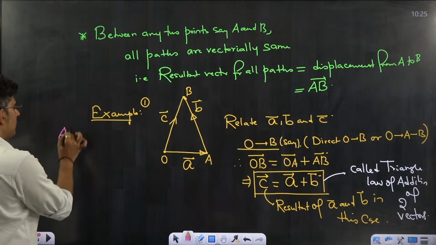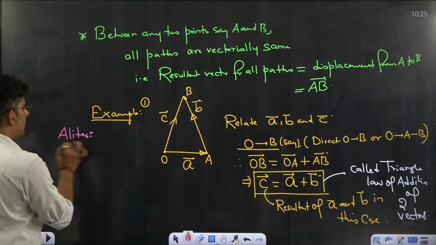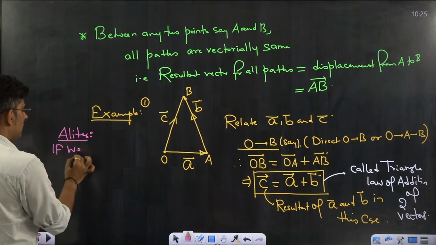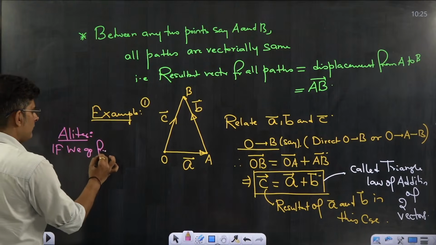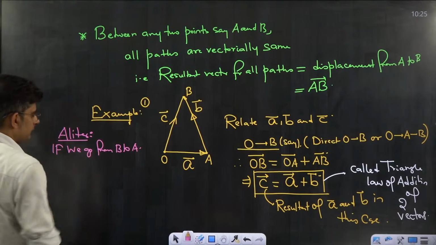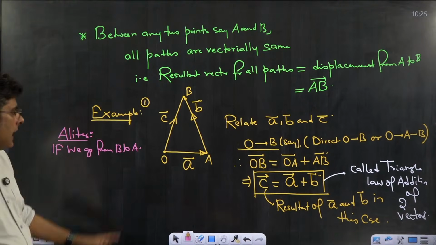Alternately, suppose another student says, why not go from B to A? What happens if I go from B to A? If I go from B to A, then I have two paths again.